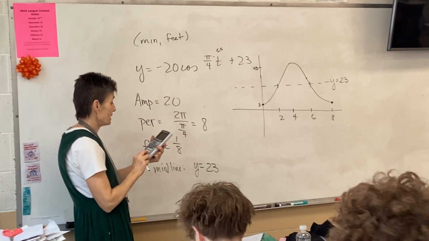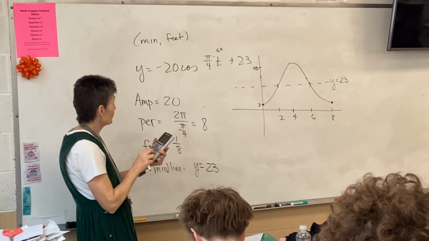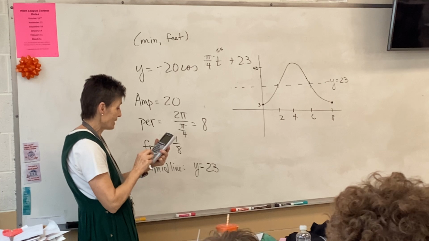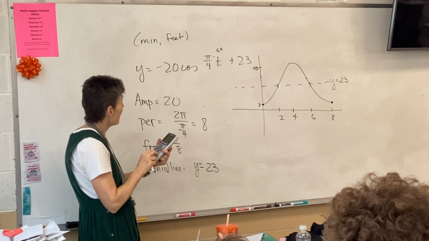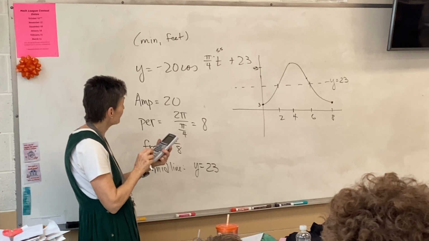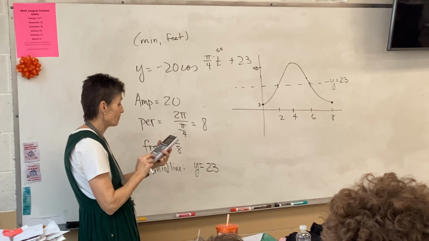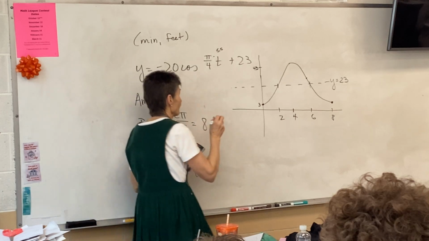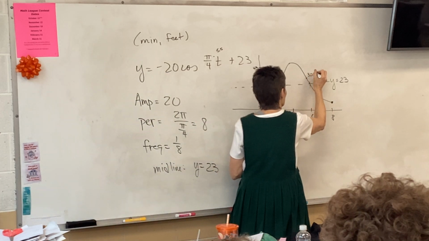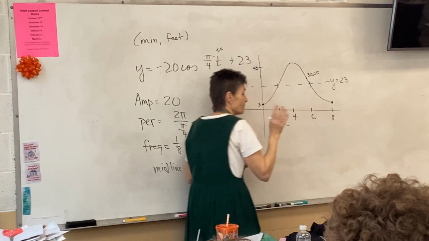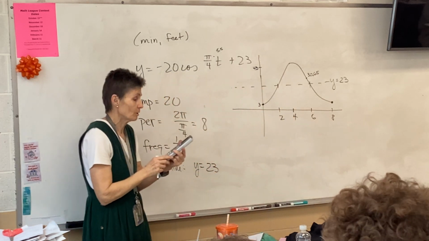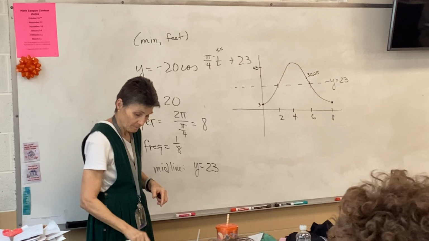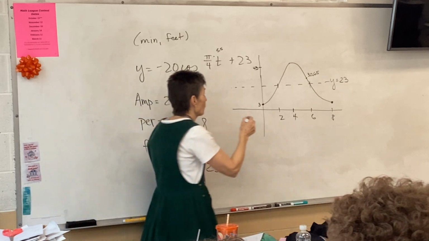So, negative 20 cosine pi divided by 4 times 5.5 plus 23. Ooh, we were low. It's 30.65. When you said 28, somebody I think said 28 or 29, you were close. But it's 30.65 feet. 654.